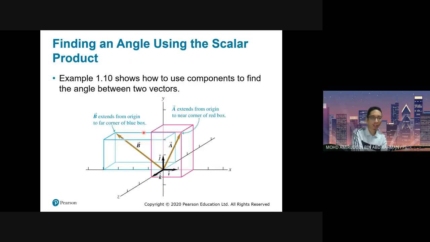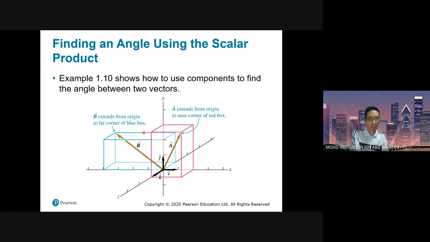Now you want to find the angle using the scalar product. For example, 1.10 shows how to use components to find the angle between the two vectors. So for example like that, it is in 3 dimensions.